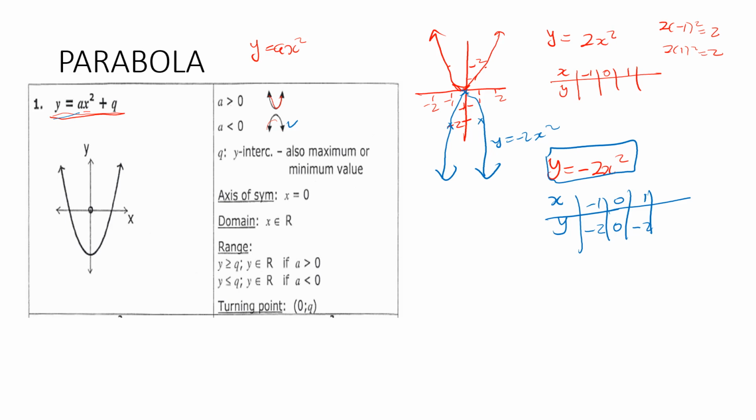So what is this q? Now q here shows the shifting of the graph. This will be the vertical shifting of the graph.